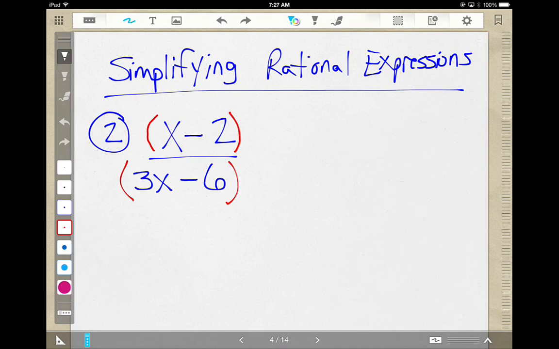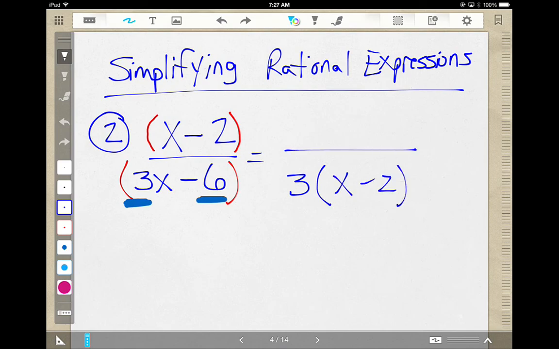So we're going to treat this like we did factors when we were solving quadratic equations. I can factor quantities. X minus 2, there is no common factor and there's not 3 terms. But in the denominator, 3x minus 6 has a common factor of 3. It'll go into both 3 and 6. So when I rewrite this, the denominator would be the same thing as 3 times x minus 2.